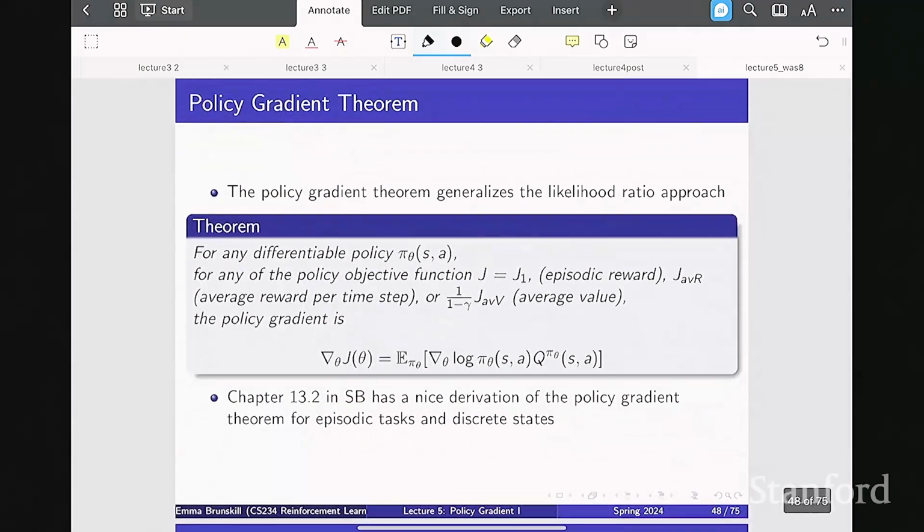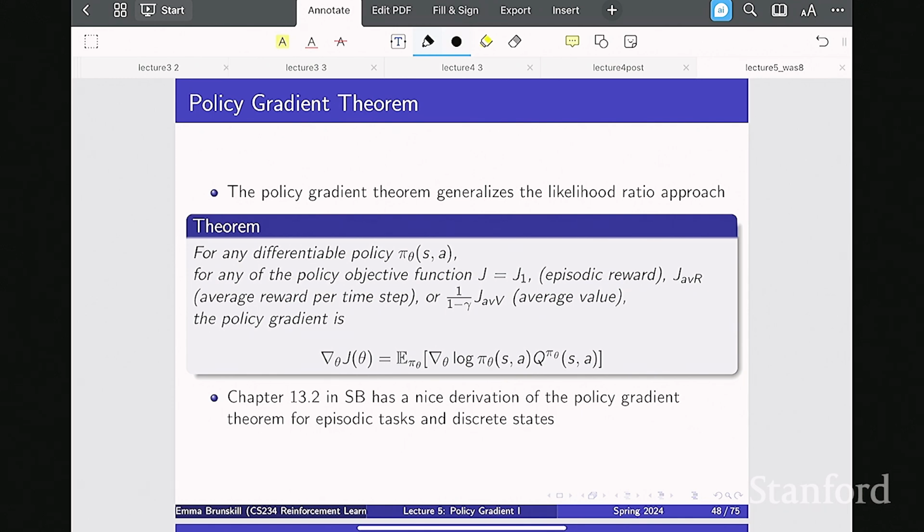Okay. In general, we can also write down a policy gradient theorem, which says we could either use episodic reward, or we could look at average reward per time step, or we could look at average value.